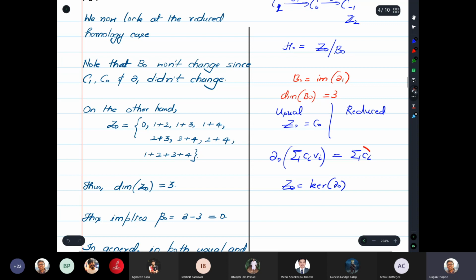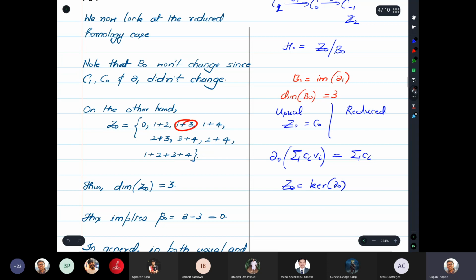Now since this map takes summation Ci Vi to summation Ci, and these Ci's are your coefficients, the sum of Ci's will be 0 only if you have an even support. So you look at all possible zero chains which have an even support.